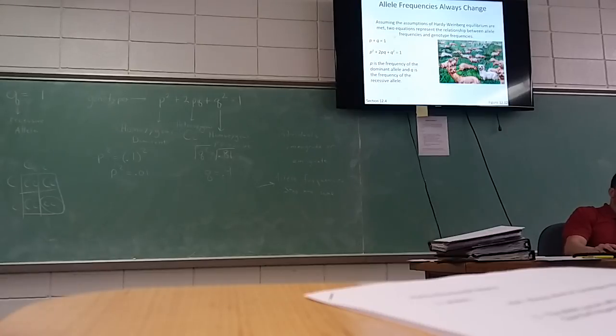They represent the relationship between allele frequencies and genotype frequencies. Alleles are where you just have one letter, genotypes are where you're putting the mother and father alleles together, so you have two letters. P is the frequency of the dominant allele, Q is the frequency of the recessive allele when you're talking about this equation.